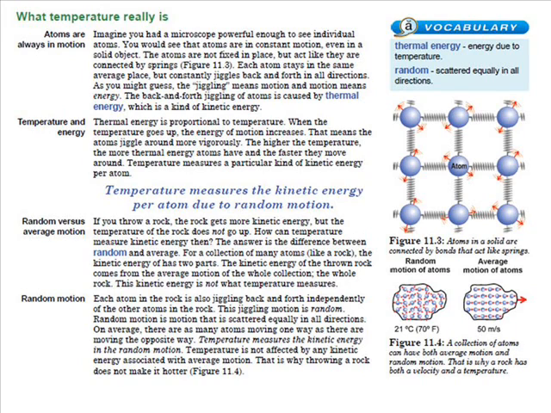Random motion is motion that is scattered equally in all directions. On average, there are as many atoms moving one way as there are moving the opposite way. Temperature measures the kinetic energy in the random motion. Temperature is not affected by any kinetic energy associated with average motion. That is why throwing a rock does not make it hotter, figure 11.4.